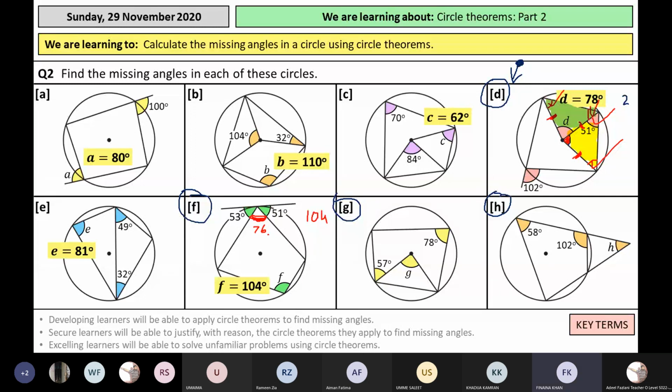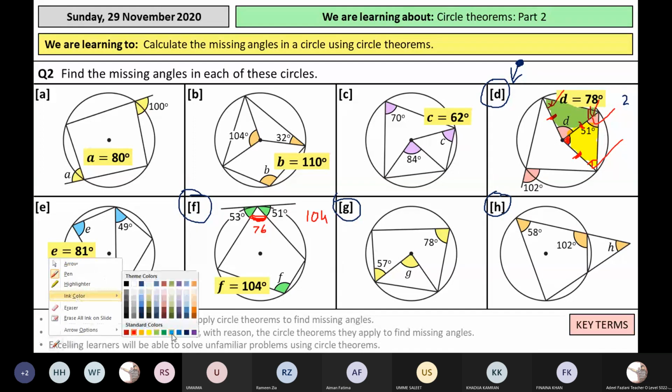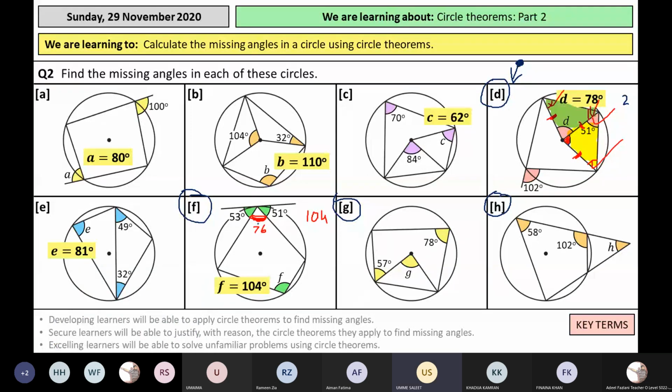Now, according to the cyclic quadrilateral, what is the concept of a cyclic quadrilateral? Come on, repeat the concept. What was that? Your 76 plus F is equal to 180. 76 plus F is equal to 180.